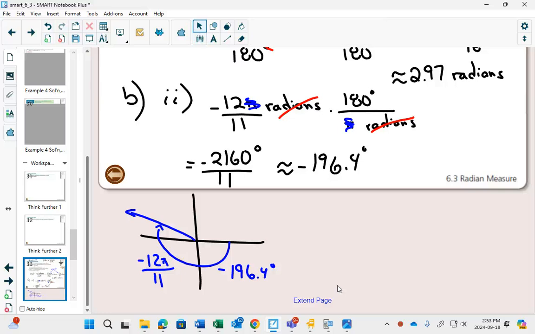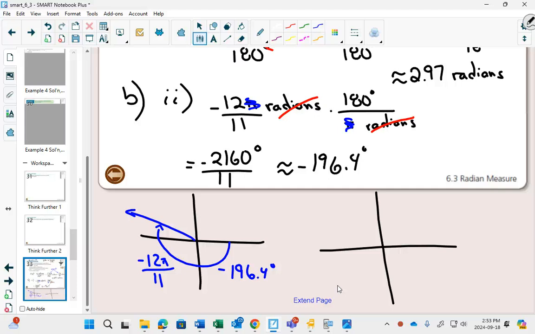Eventually, we want to start to be able to think just in radians. So if we're thinking just in radians, just like 0 degrees, this is 0 radians. All the way around, 360 degrees, is 2 pi radians. Halfway around is pi radians.